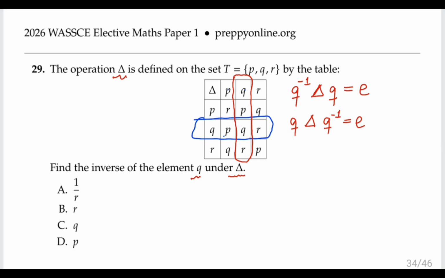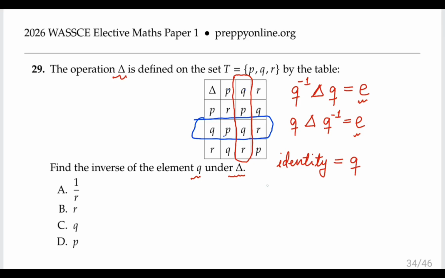That means that this special element that we are calling the identity is Q, because Q is that special element that whenever you take the operation of Q and an element, it doesn't change that element. All right, so the identity is Q.